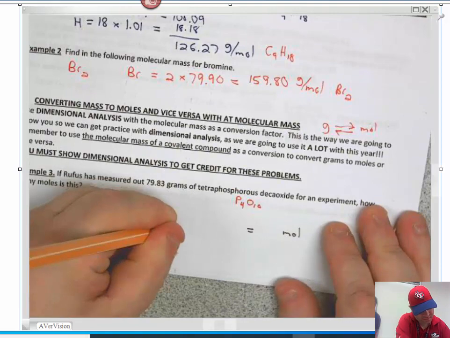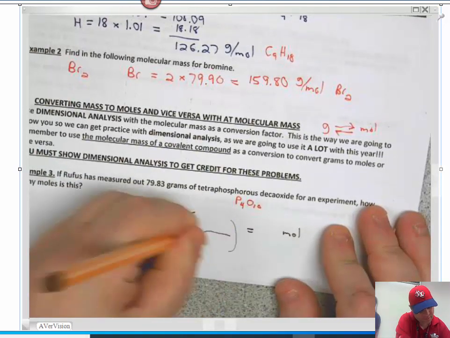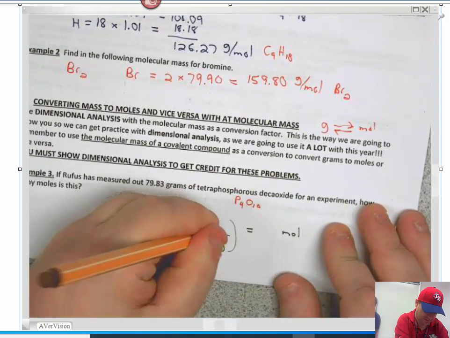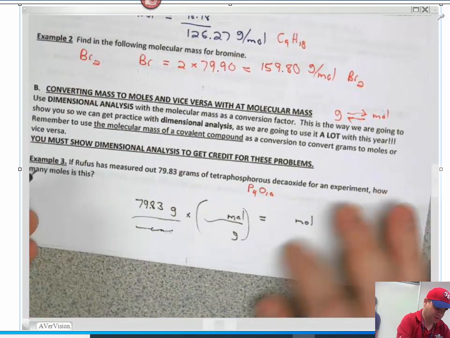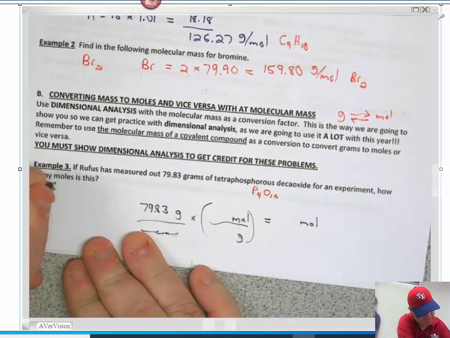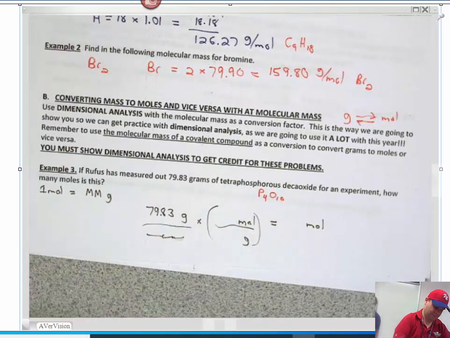So we are going to need a conversion factor. Grams on the top, grams on the bottom. What are we going to convert to? Moles. Remember, our conversion factor for grams to moles is 1 mole equals the molar mass in grams.